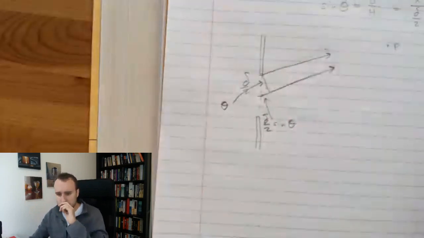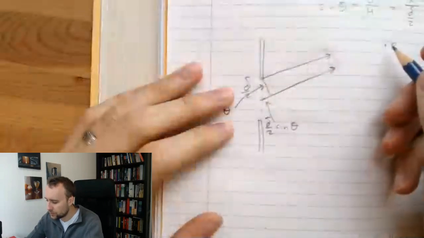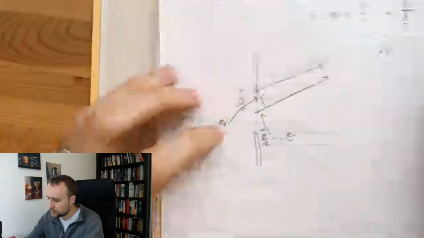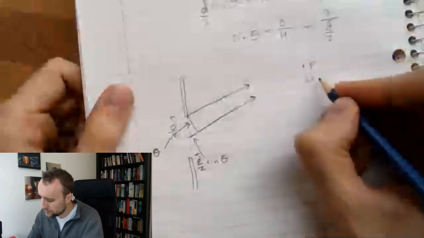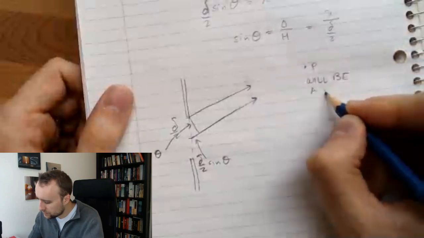So basically what this is saying is that we're considering each of these lines to a particular point, and this will be a destructive point.